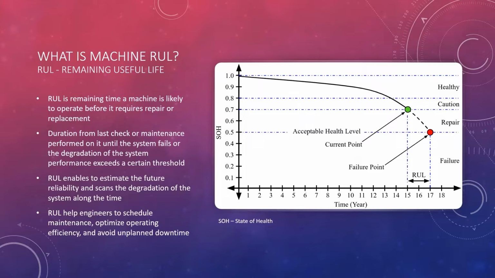As I told you, the health of a specific machine is going to reduce over a period of time, and eventually that machine is going to fail for some reason. It is applicable to a specific component in that machine, or to the complete machine itself. Take the example of an automotive, a gasoline car.